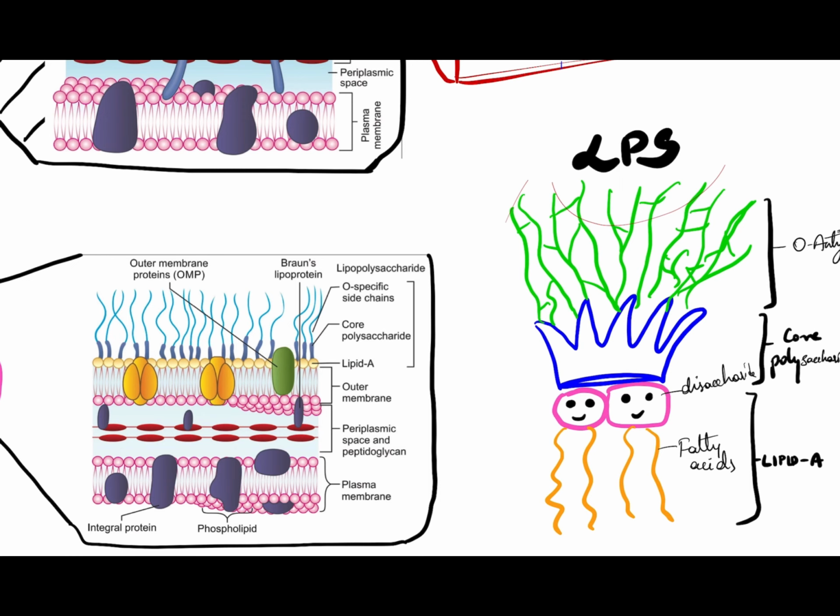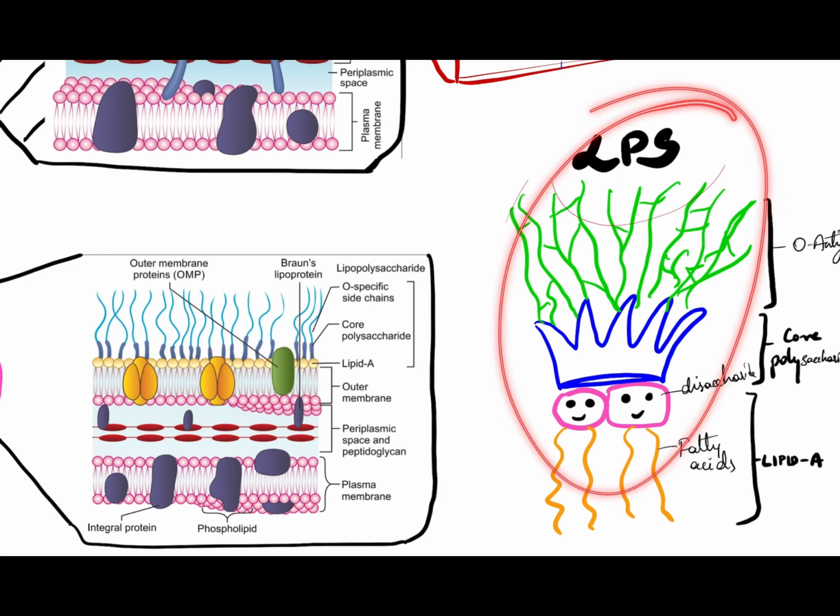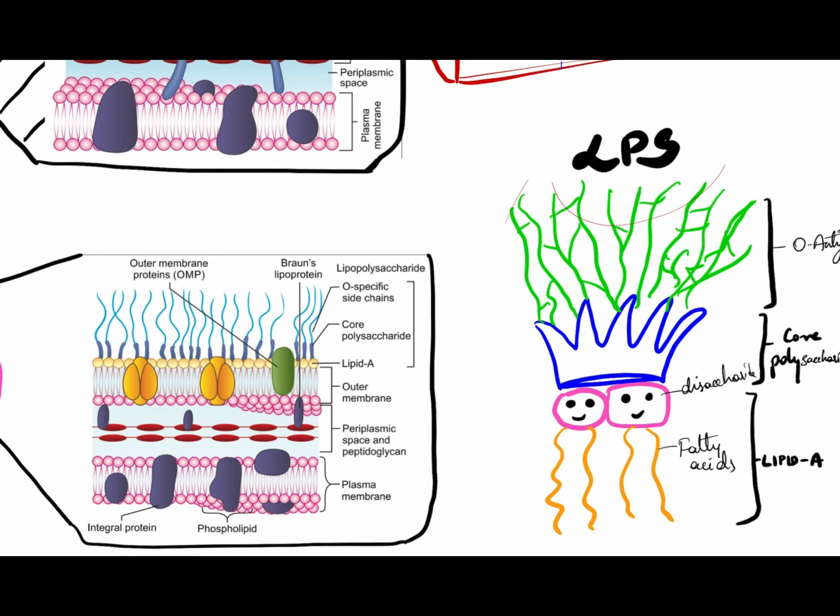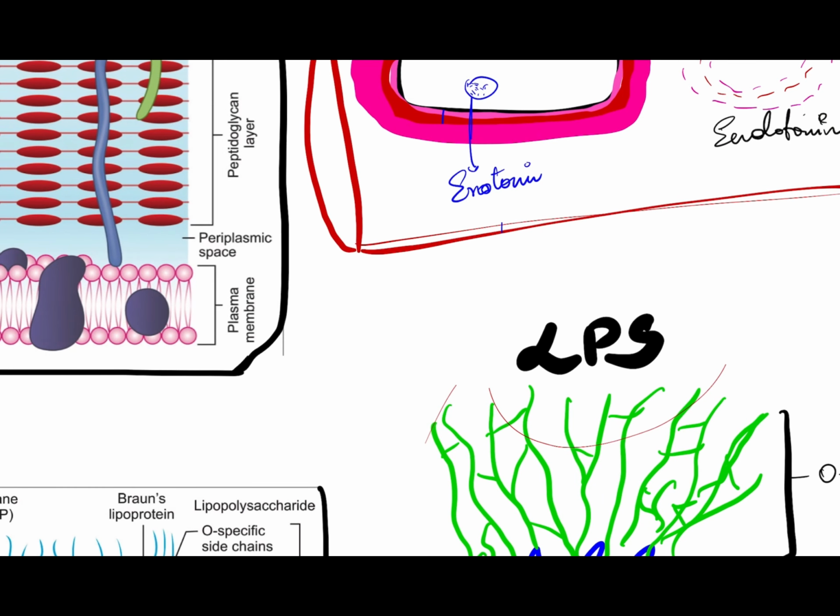Another point is that the endotoxin, which you usually see in gram-negative bacteria, is all the same in all gram-negative bacteria. In all different types of gram-negative bacteria, the endotoxin that is present in the outer membrane of the gram-negative bacterial cell wall is the same, right? But when it comes to exotoxins, it is usually not the case.